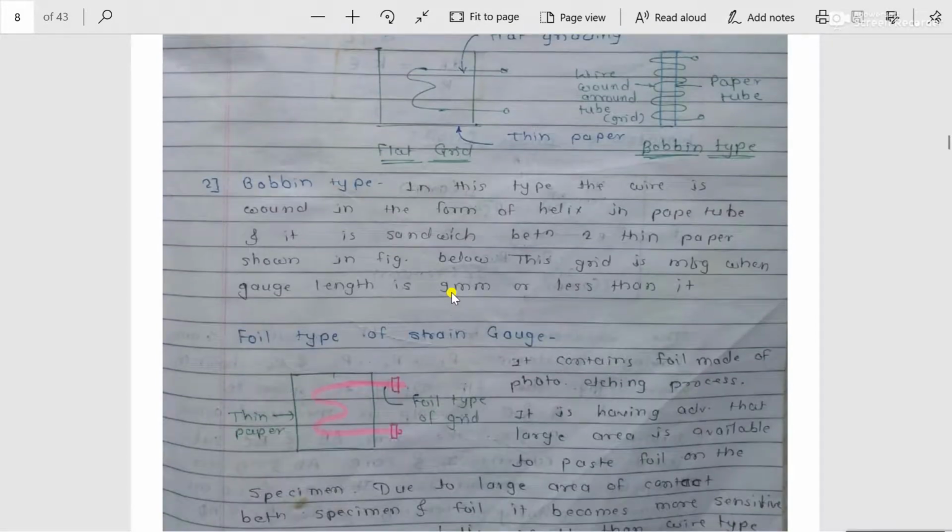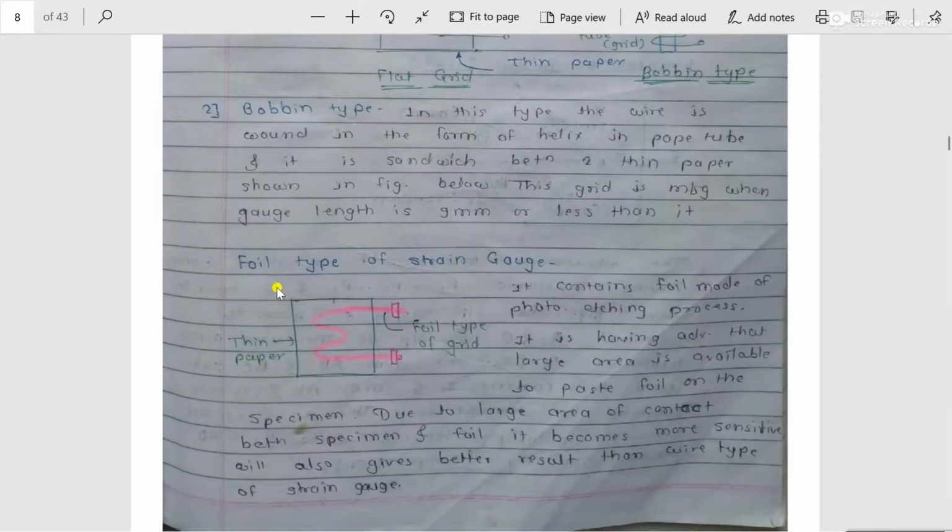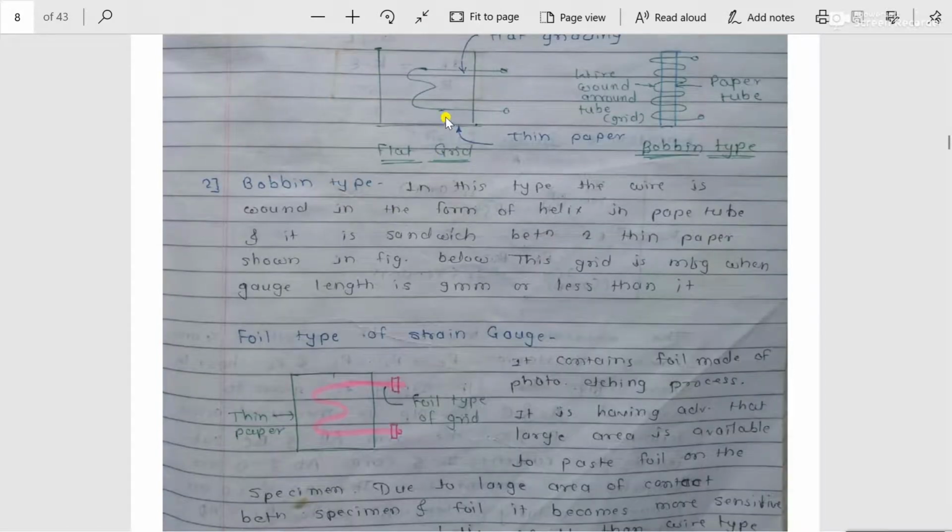There is a basic difference between the wire type and the foil type, otherwise the construction is the same. In the foil type of strain gauges, the grid is formed by using foils which have a large area as compared to the wire type of strain gauges.